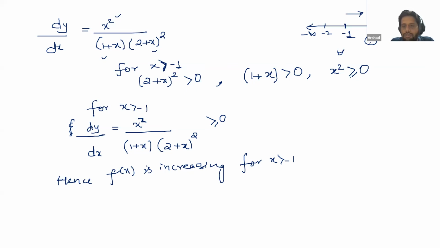But if we put 0, then it becomes 0. So we need to write all the conditions. In the denominator, you can't have a 0. There is no value of x for which you get a 0 because x is always greater than -1. But in the numerator, you have both possibilities. You will get greater than 0 and you can get a 0. Clear up to here? Yes, sir.